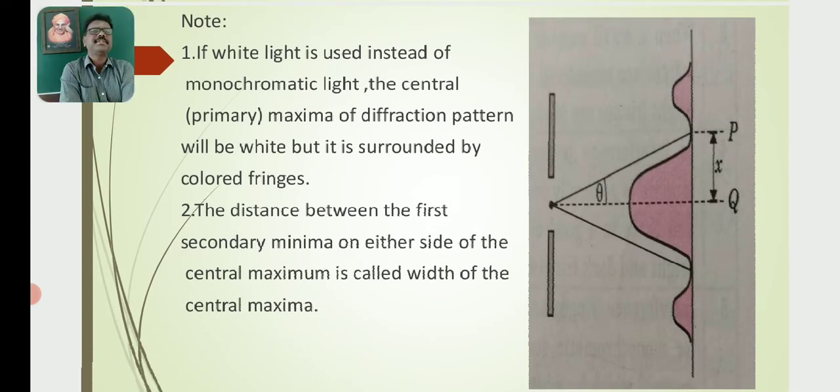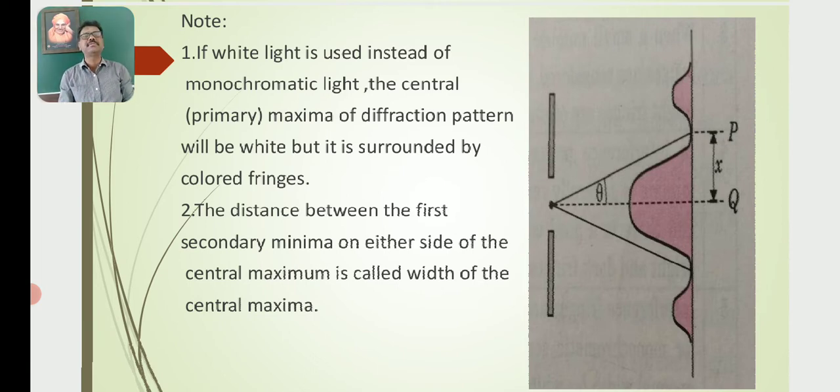So here now we see that if white light is used instead of monochromatic light, the central maximum of the diffraction pattern will be white, but it is surrounded by colored fringes. If we have used a white light source, a polychromatic light, instead of monochromatic light, then what is the nature of the diffraction pattern which we obtain?